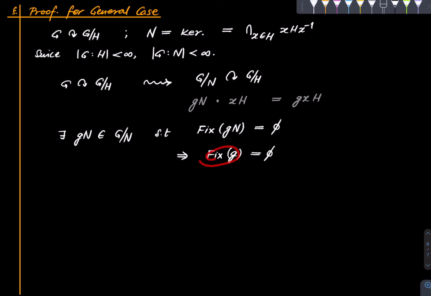When I write fix g, I'm referring to this action, and when I write fix of that, I'm referring to that action. But there's a clear connection between the two actions, and the emptiness of fix of that implies the emptiness of fix of this, and the rest of the proof goes just as previously. So that's a very nice trick, actually. You can pass to a simpler action, an action of a finite group, given the action of this infinite group, and that's, as we saw, very useful.